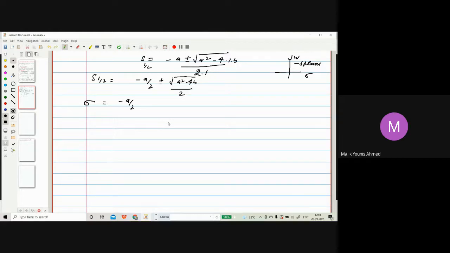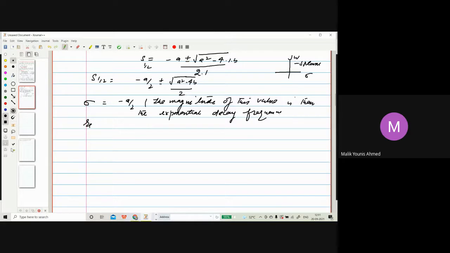The magnitude of this value, I will write for your information, is the exponential decay frequency.